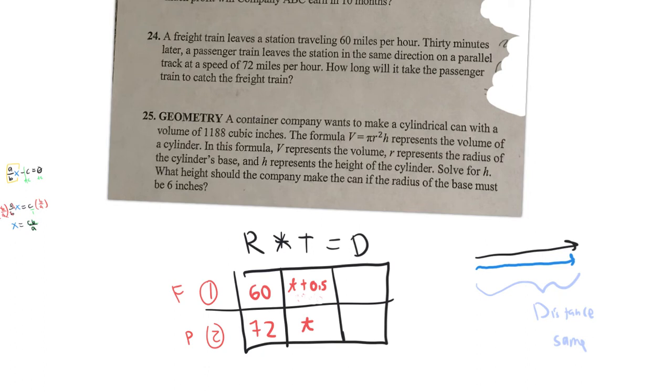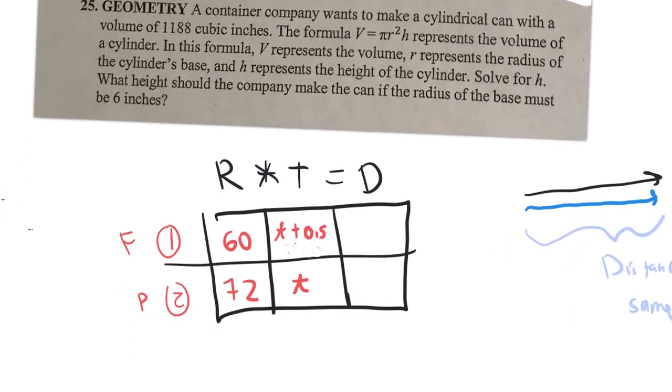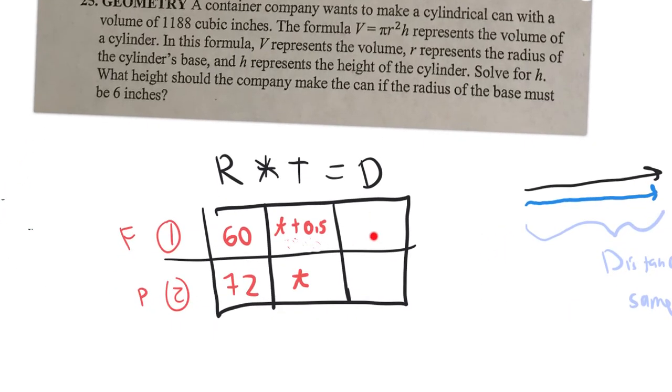Now, we already established that the distance is going to end up being the same, which is something that we could talk about in a moment. But in the meantime, rate times time equals distance, which means that we know for sure that the distance traveled by the freight train is going to be 60 times the time spent traveling, which is t plus 0.5. All right.